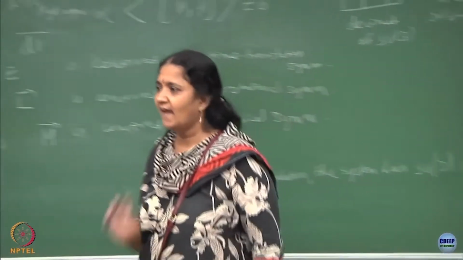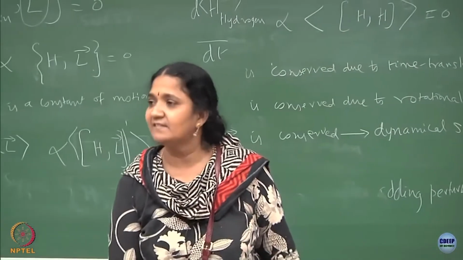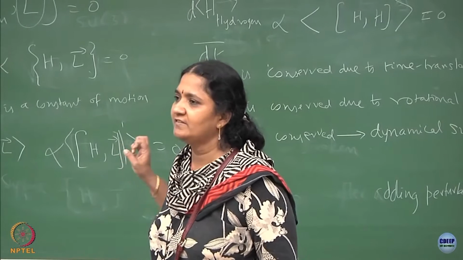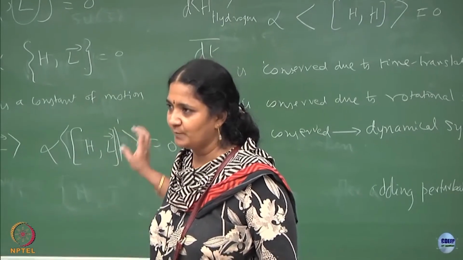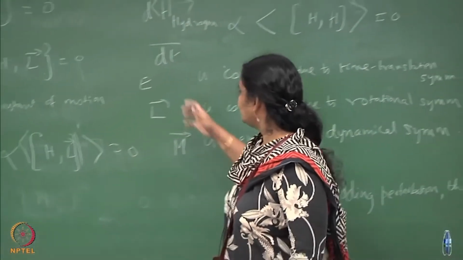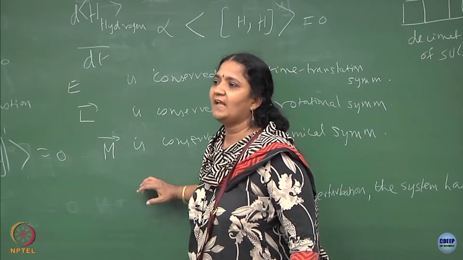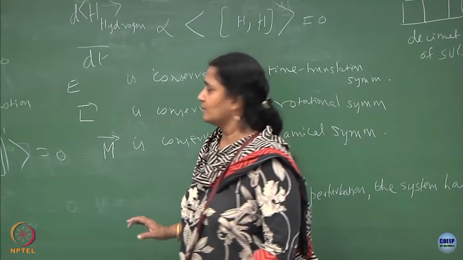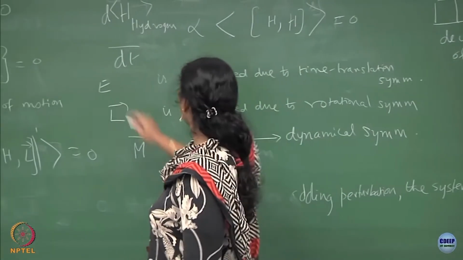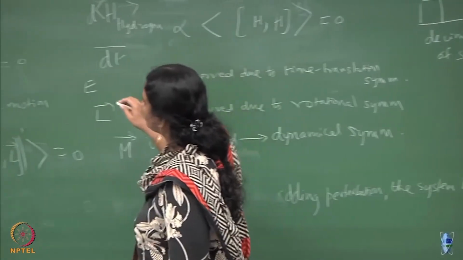So, once I have this, the next thing is I am going to exploit this symmetry algebra, the Lie algebra generated using L and M, and I want to see whether I could get the energy spectrum. So, I want to find the energy spectrum for the hydrogen atom problem.